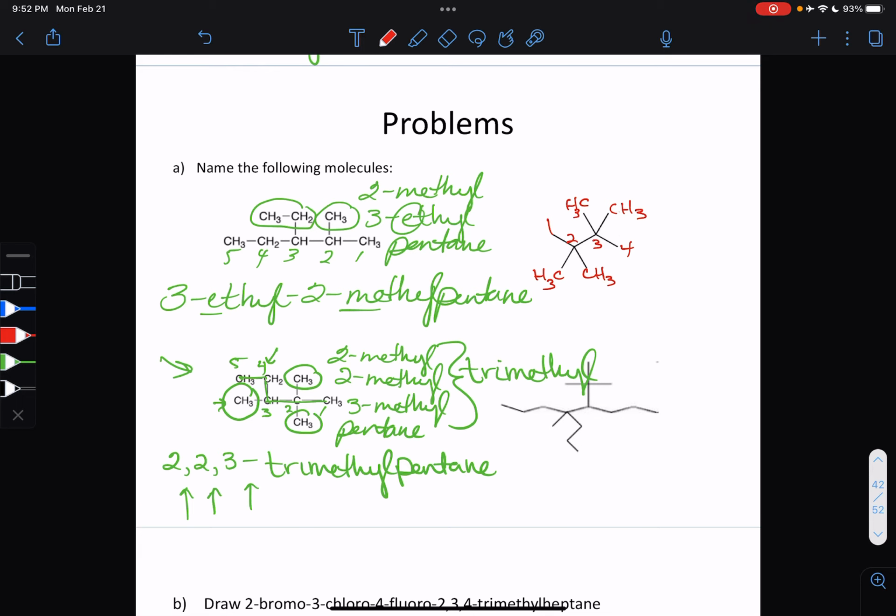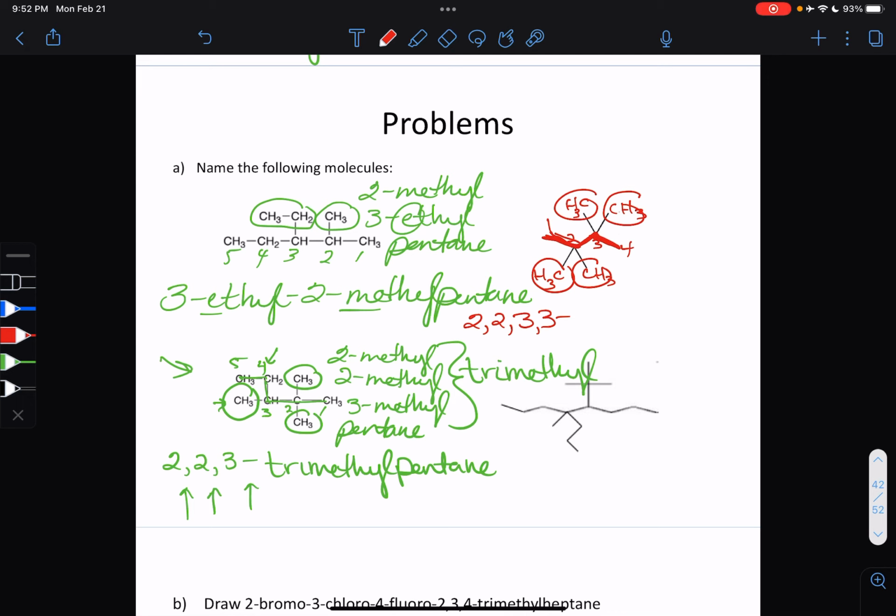Okay, so we've got a 4-carbon chain here. So we're going to do 2, 2, and then what? 3, 3, hyphen. So you've got 4 methyl groups hanging off of your parent chain there.